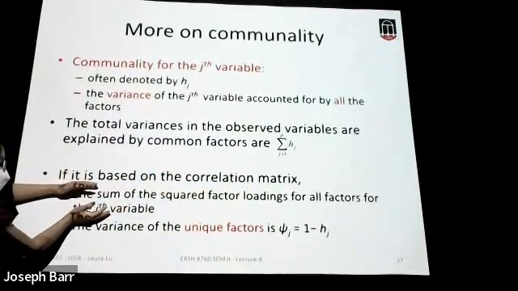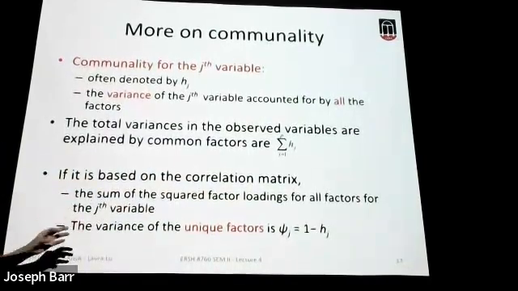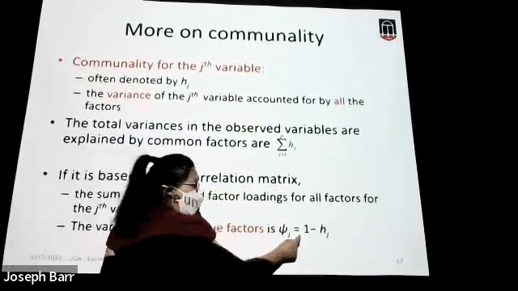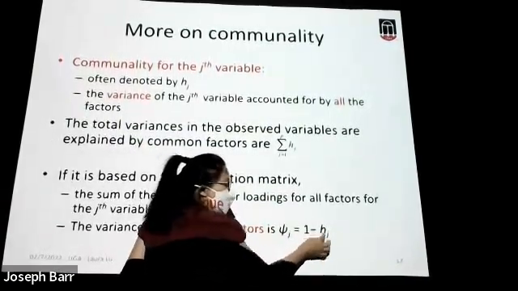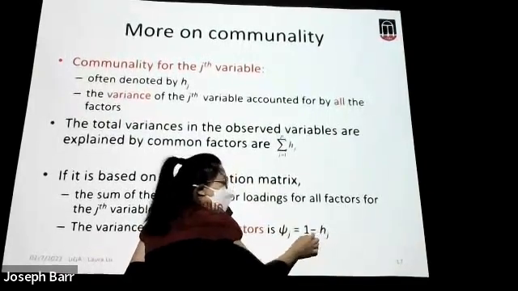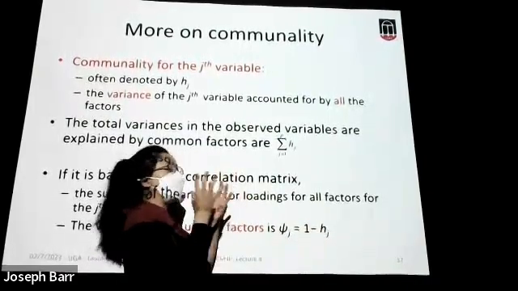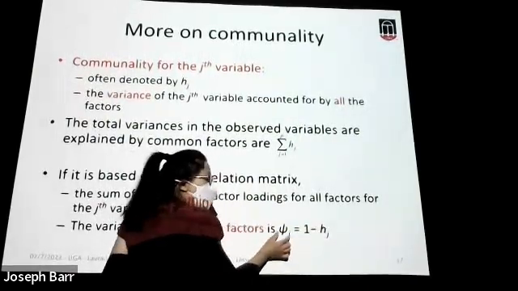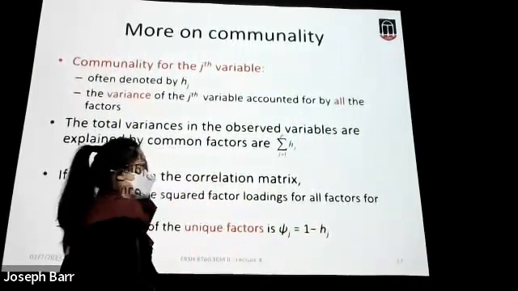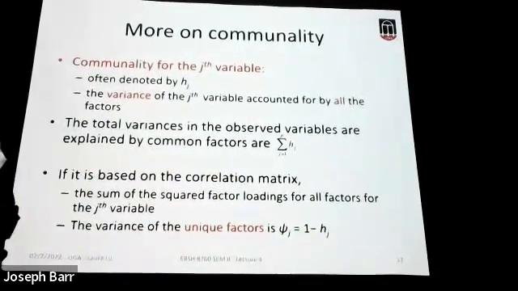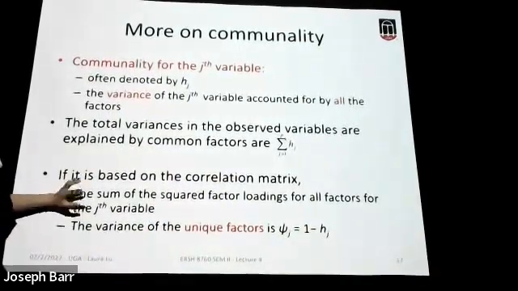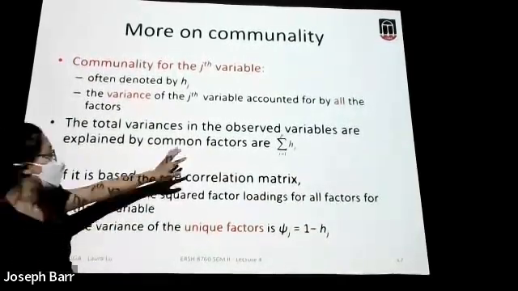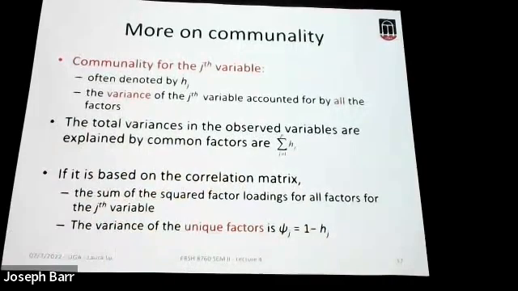That's the h part. And the remaining part, the variance for the unique factors, is just 1 minus the communality. This is due to the common factors. We assume the total variance of the variable is 1, so 1 minus the communality part is due to unique factors. This is just a side part. So we have ways to calculate h, we have ways to calculate psi, and we got the sum of h.